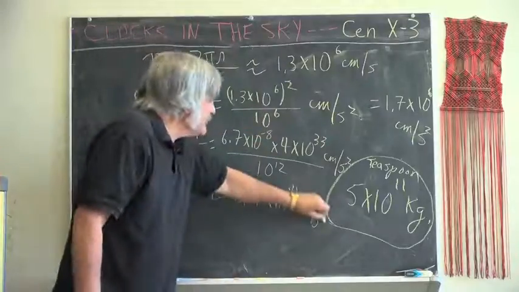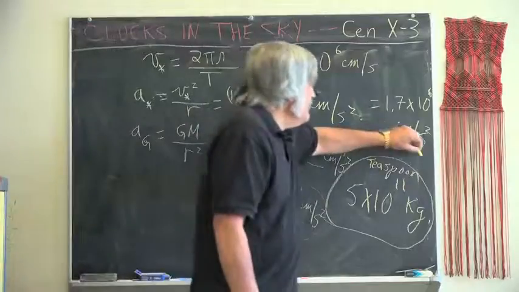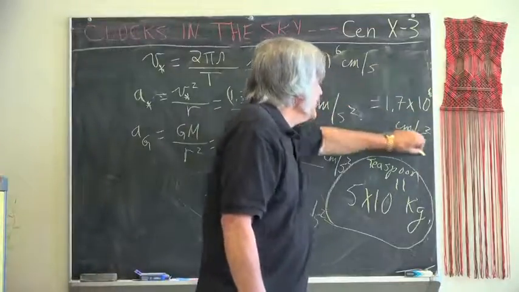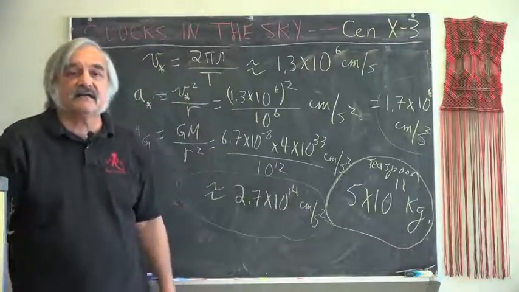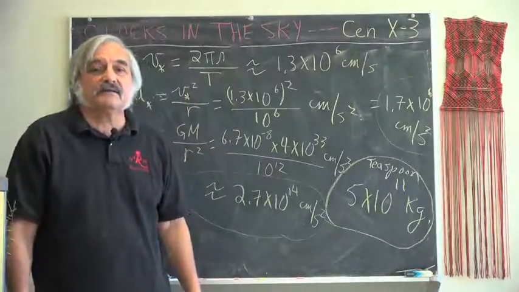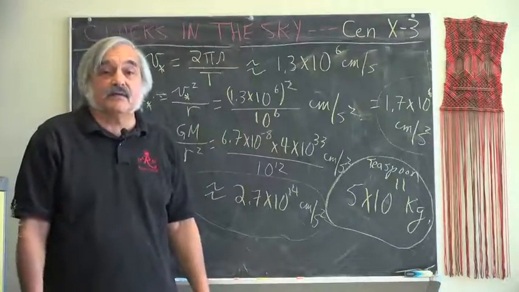Yes, no problem. The acceleration due to gravity is much, much stronger than the acceleration trying to get the star to fly apart. This is no problem, but an astonishing number anyway.